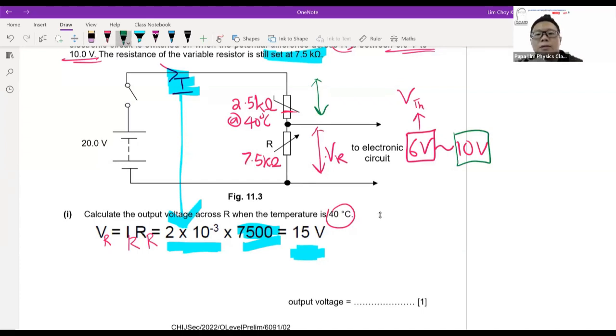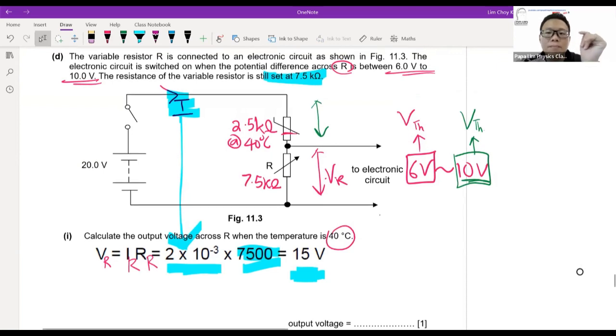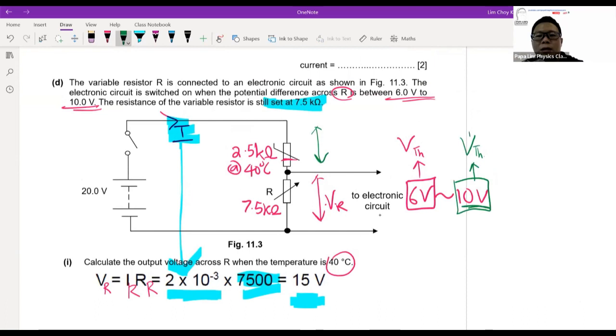And similarly, when the R is 10 volts, it will correspond to a certain voltage in your thermistor. And like we all know, the property of the thermistor is that the potential difference across the thermistor corresponds to a particular temperature. So at this point, when I have VTH, the green color, you'll find that it corresponds to a certain resistance, and it corresponds to a certain temperature.